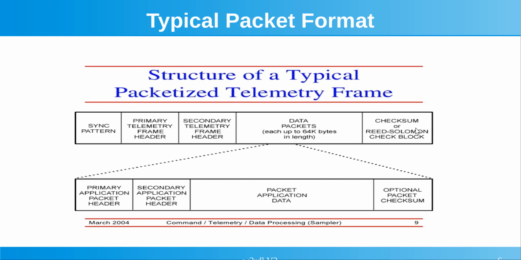If you're not familiar with the checksum, all you do is add every bit in the message, and then you put that number on the end. The receiver adds every bit and compares the two numbers. And if they don't agree, then you say, send it over. Send it again. Try again.